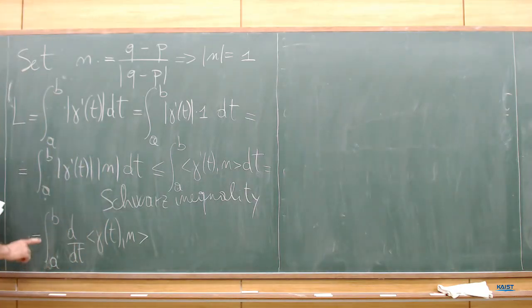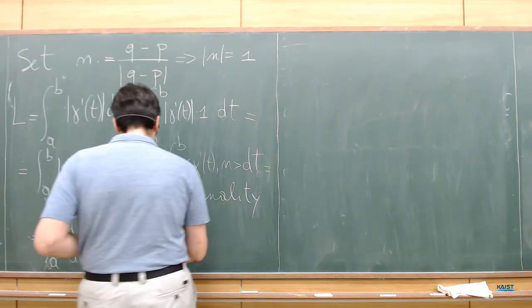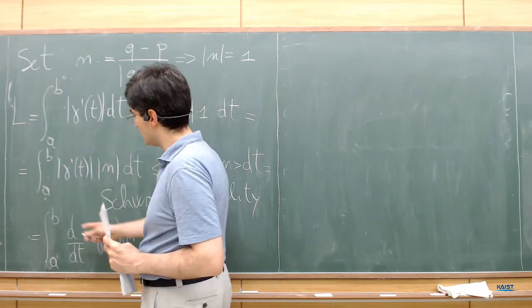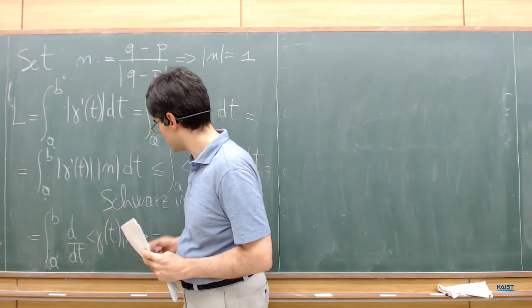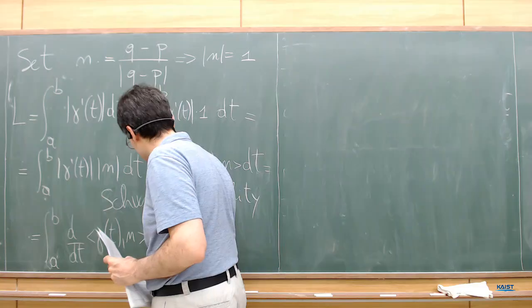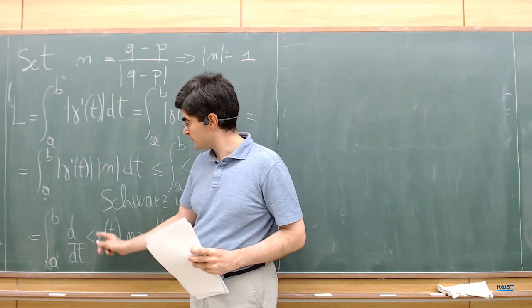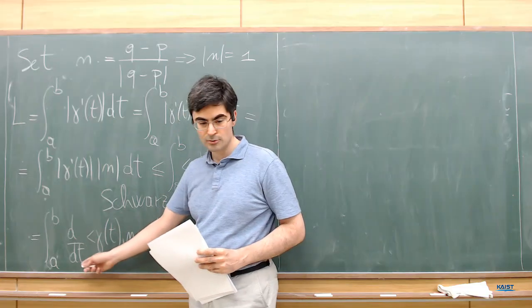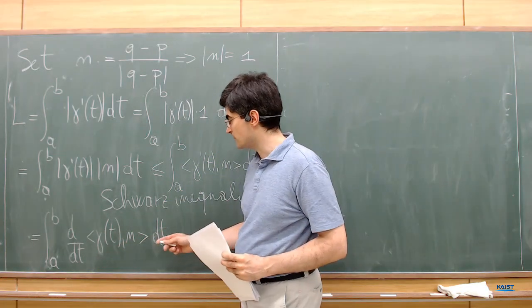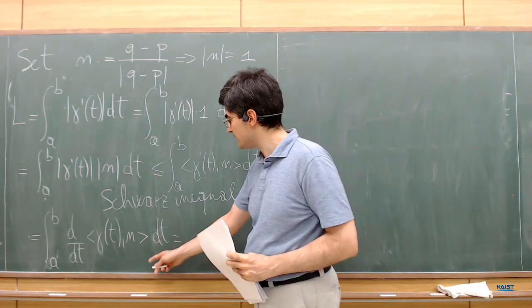Now it's very easy to compute this integral. Sorry, I forgot to divide it. So we have an integral of the derivative of a function with respect to the variable t, integrated in dt.